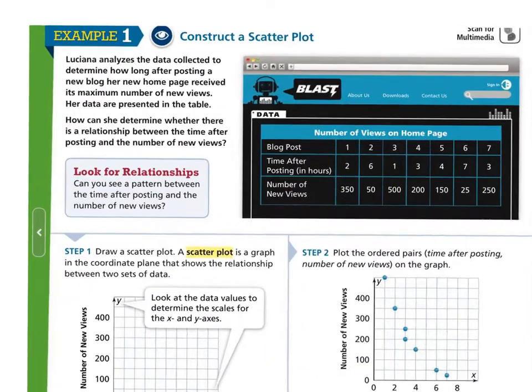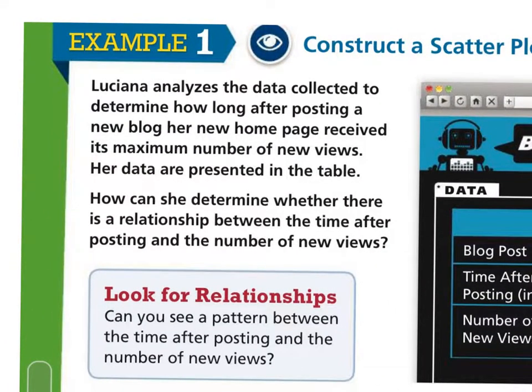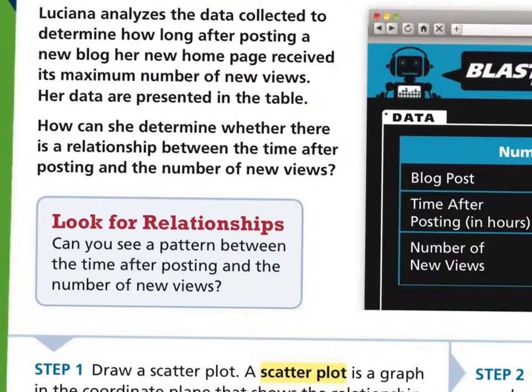So example 1, Luciana analyzes the data collected to determine how long after posting a new blog her new homepage received its maximum number of new views. Her data are presented in the table. How can she determine whether there is a relationship between the time after the posting and the number of new views? Okay, so we're going to try to look for a pattern here.